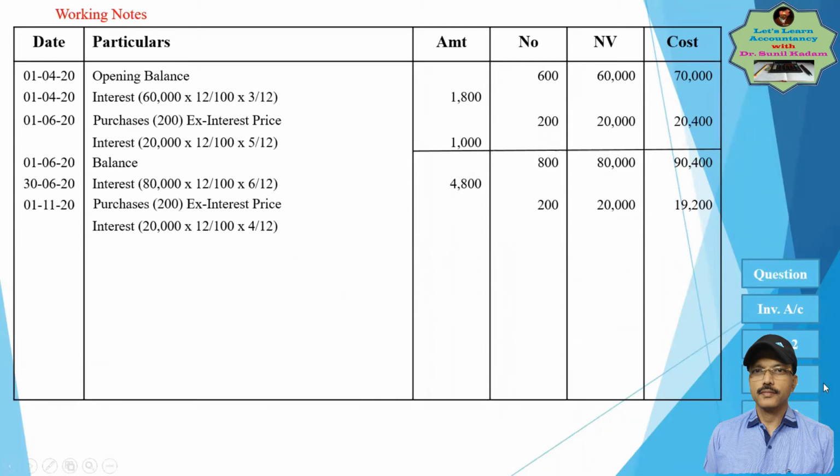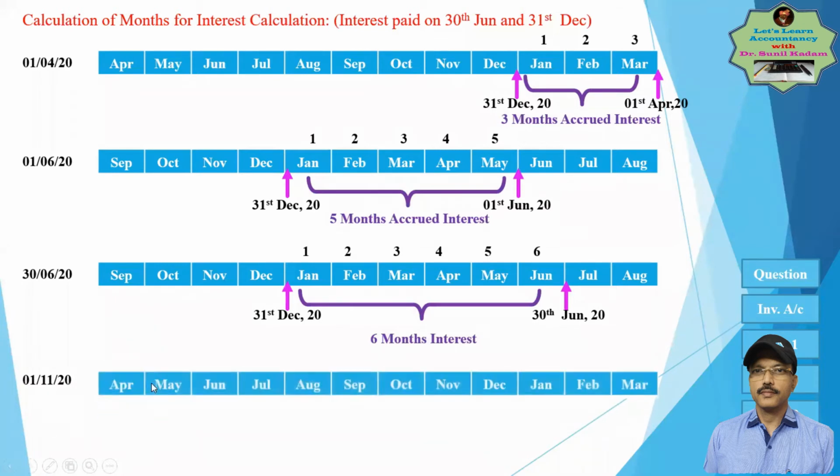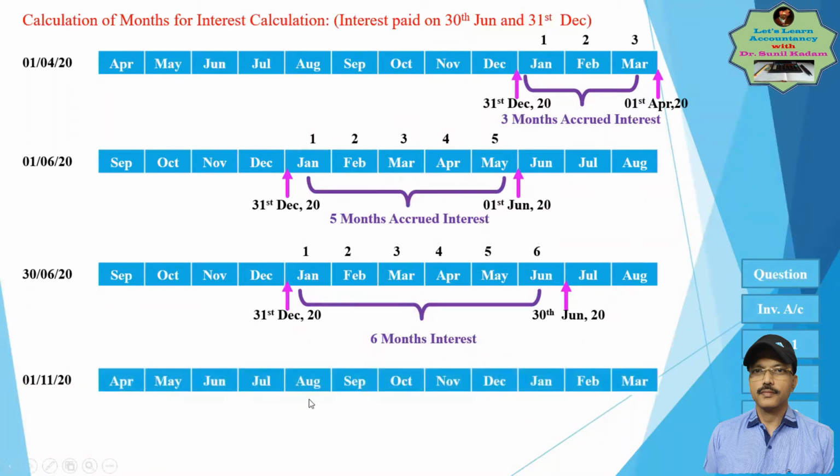Why 4 months? Let's check out. We are calculating the interest on 1st November. The last date of interest received is 30th June. So from 30th June to 1st November, how many months does it become? July is 1st, August 2nd, September 3rd, and October 4th.